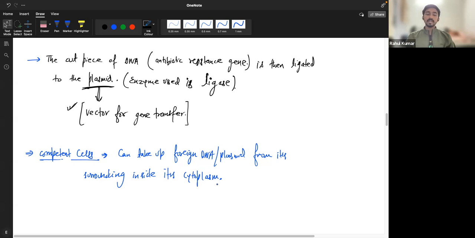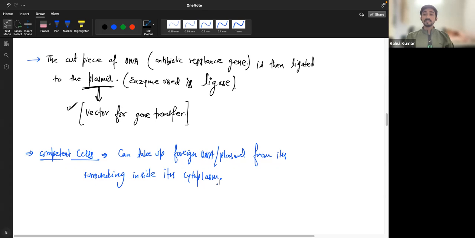Second, we have to introduce that DNA fragment into the host, in whichever cell we want to express it. And third, when we have introduced it, we have to maintain that introduced DNA so that it stays stable.